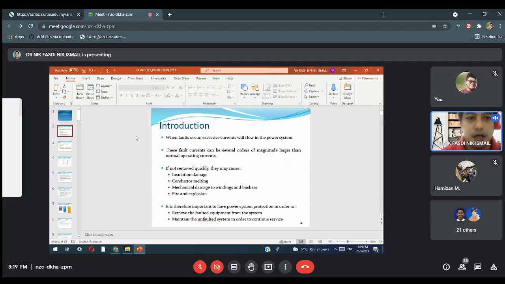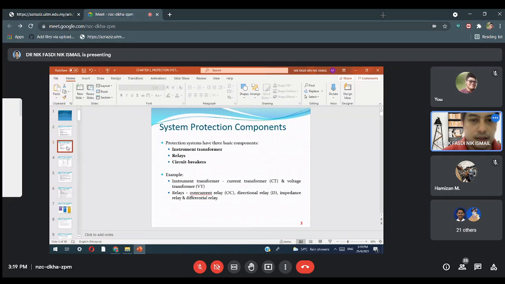So we try to protect all the equipment in order to avoid insulation damage, conductor melting, mechanical damage to winding and bus bar, fire and explosion. These are the effects of not removing the faults. So we need to protect our system.